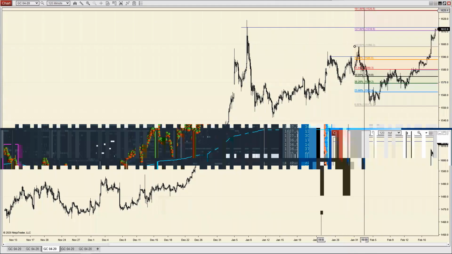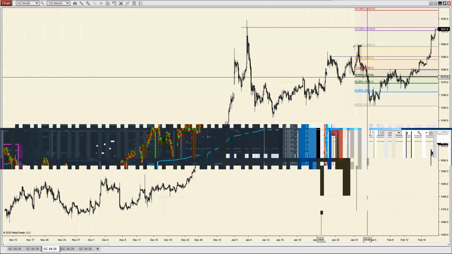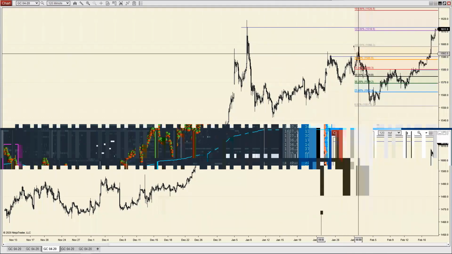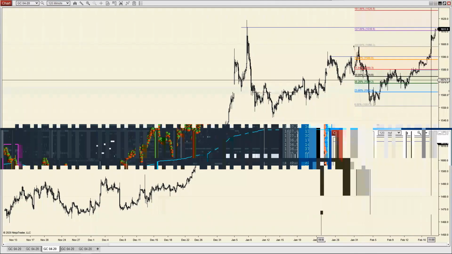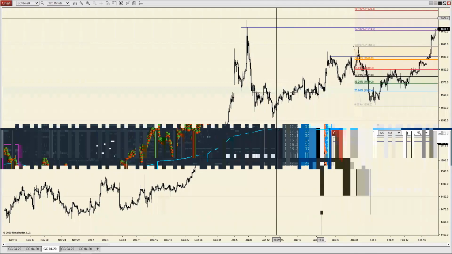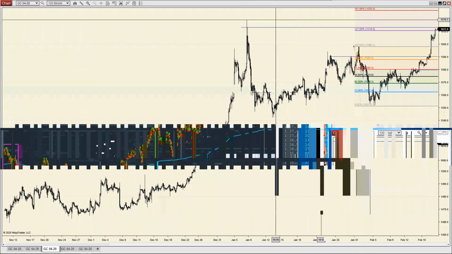Also, 1627 would be the 161% of this most recent range, 1627. And the stops at 1619.